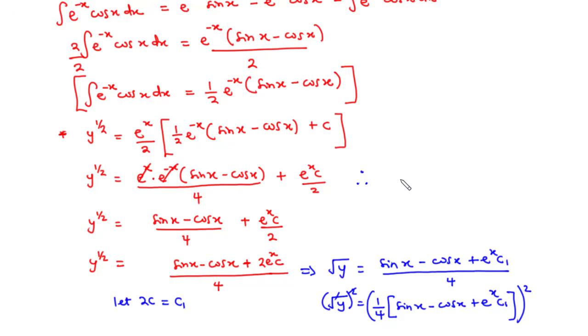Therefore, we are going to have y equal to, now the square affects 1 and then 4. So we have 1 squared to be 1, divided by 4 squared to be 16. And then 1 over 16 times sine x minus cos x plus e to the power x times c1, all squared. So this is said to be the general solution of the differential equation.